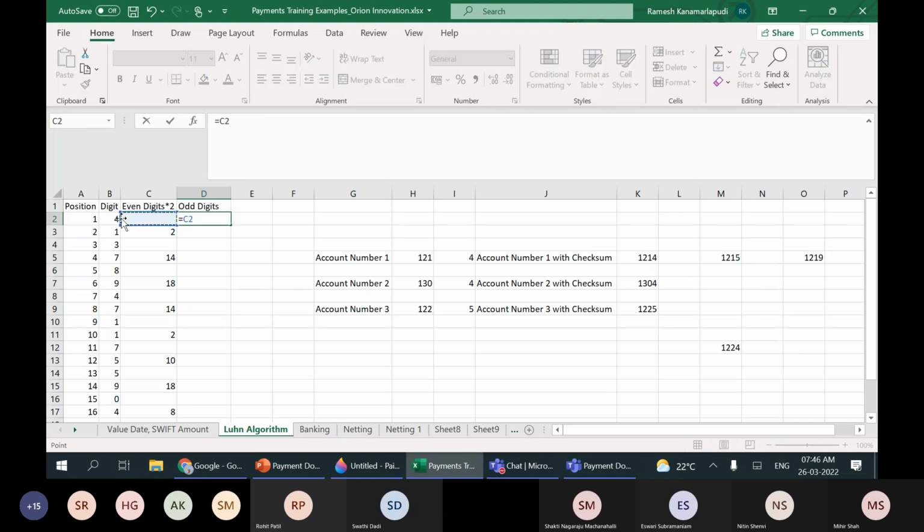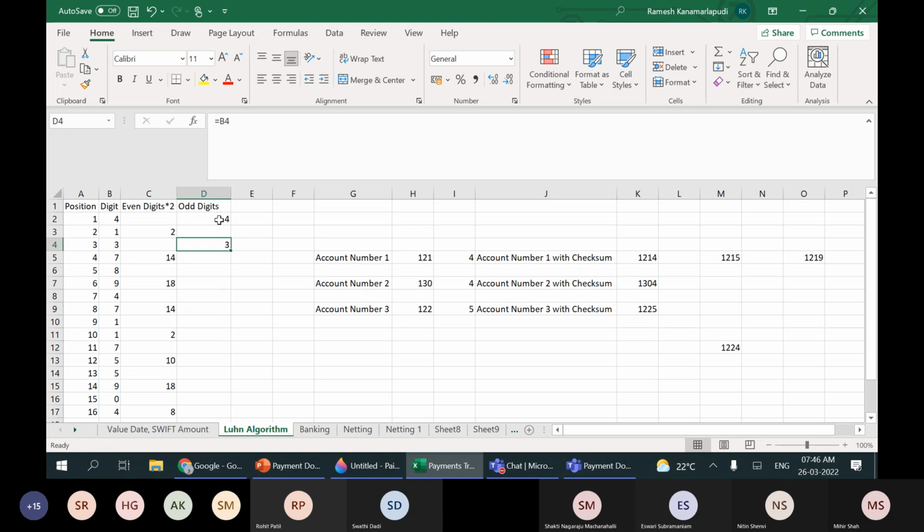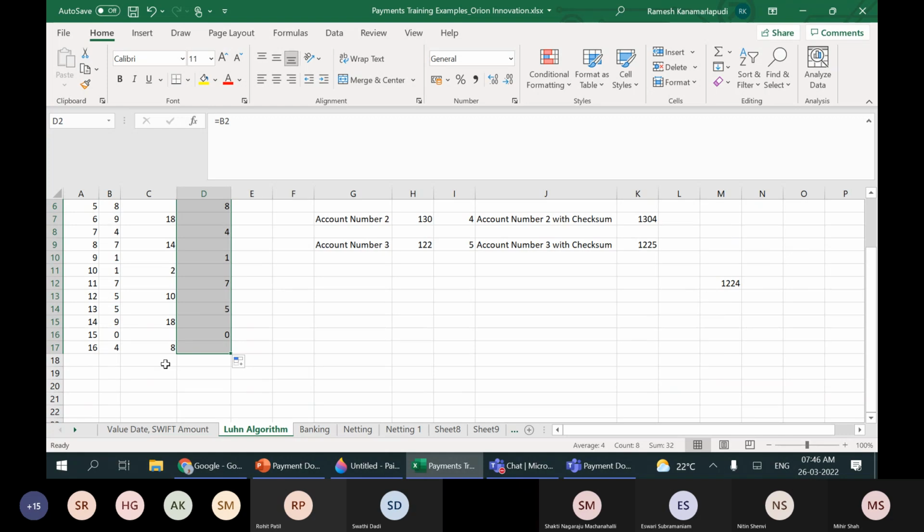No point of multiplying. Okay, now we'll take the sum of all these things.